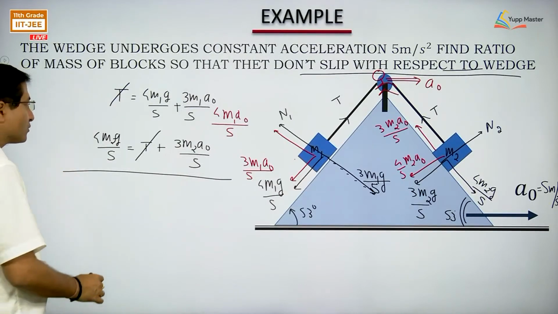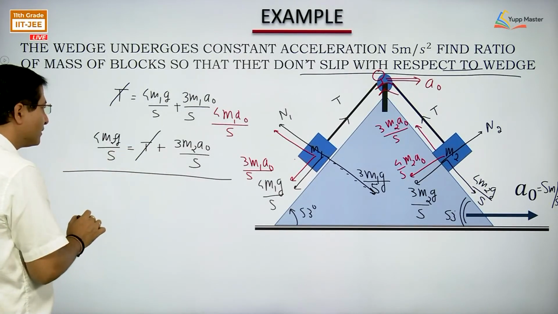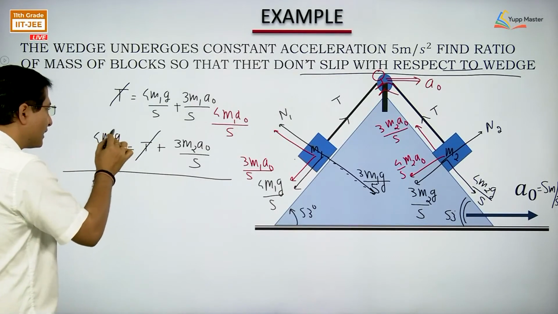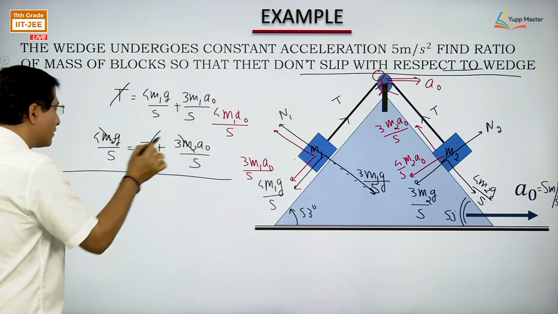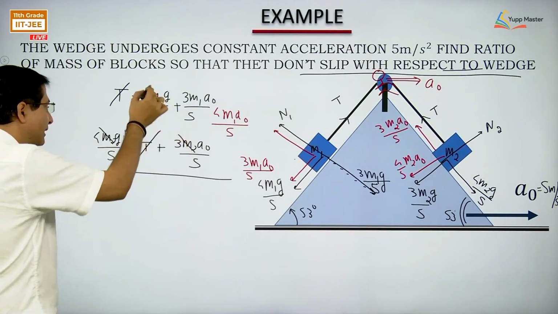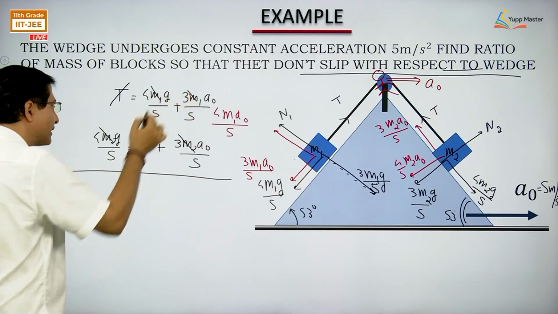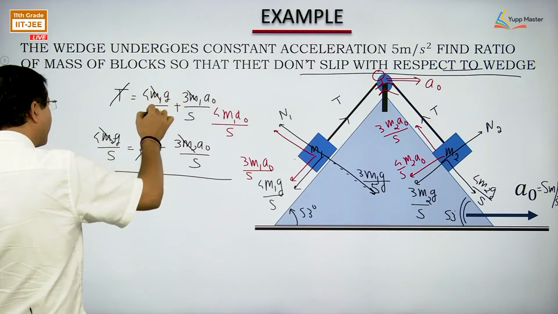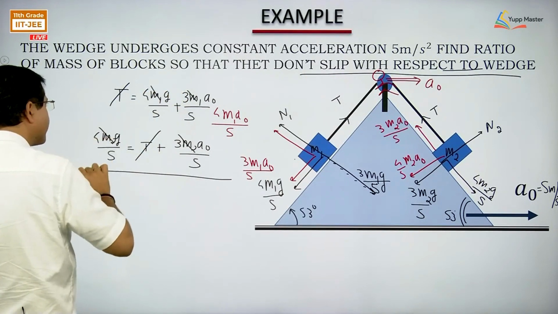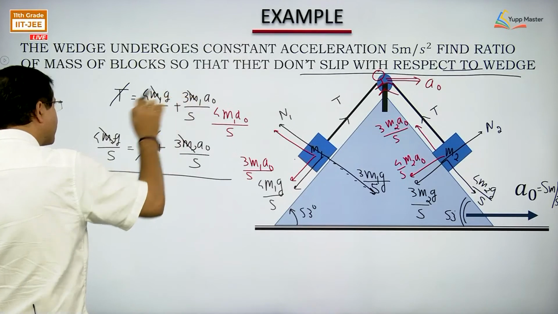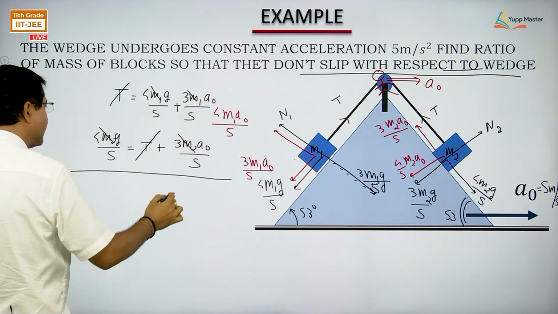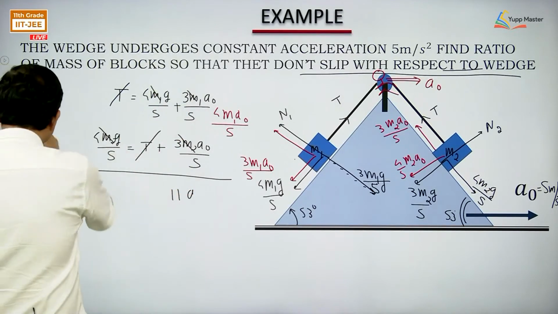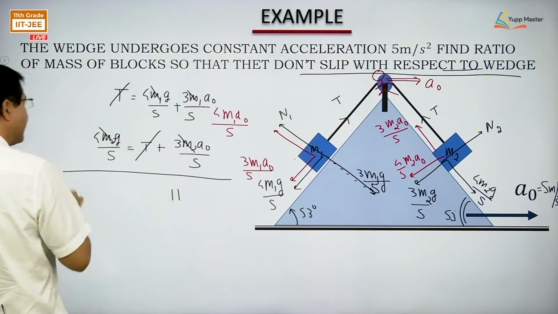If I substitute G is equal to 10, M2 gets cancelled out. Similarly, M1 will get cancelled out. Here G is equal to 10, so 10 by 5 will give you 2. This is 8, this is 5. 8 plus 3, so this side I can see 11 after substituting the value.